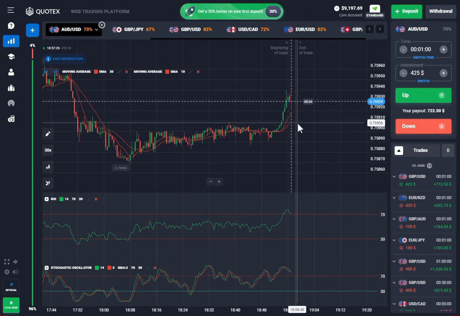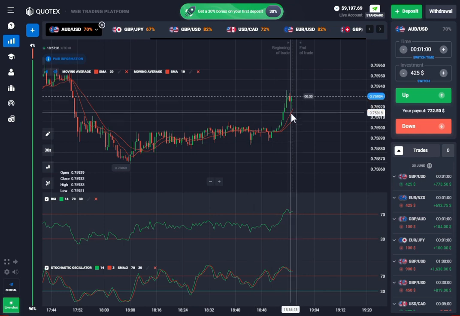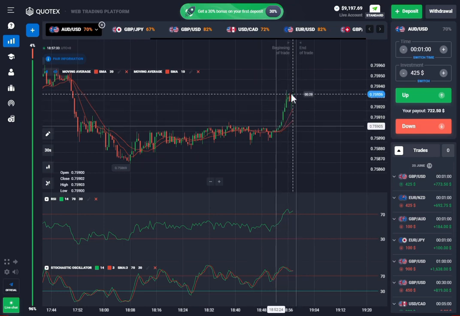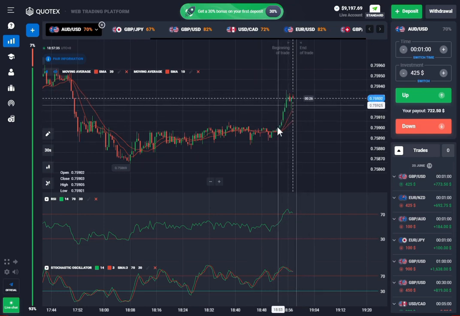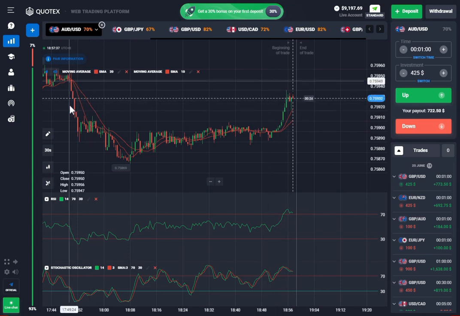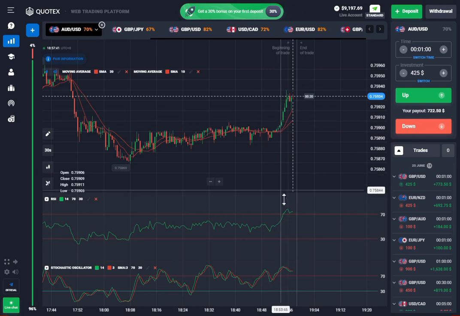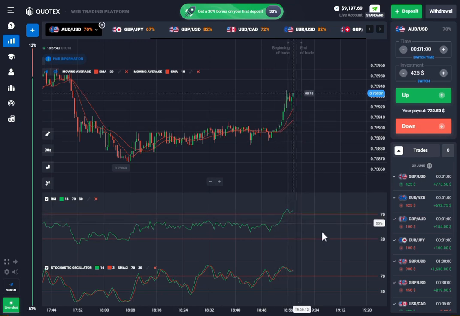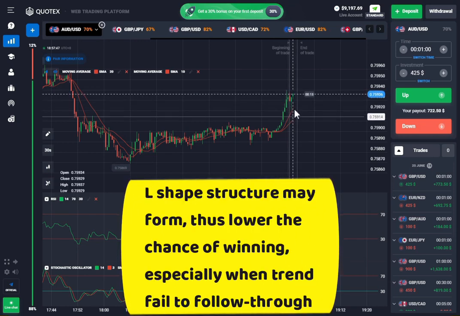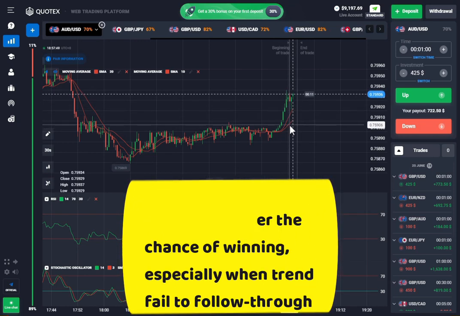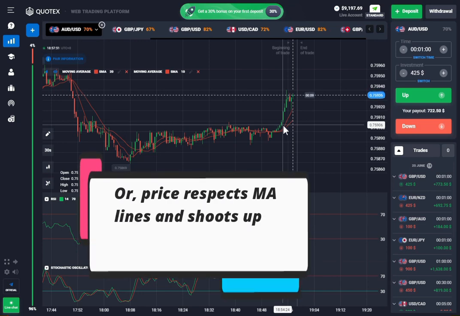Another risk, if you take a very strong reaction like this one, for example, is the L shape structure that potentially can come up. Another one is that when the RSI actually crosses the 70 line, and if price touches one of the moving average lines, the moving average line tends to be used as a catapult to jump onto a higher level.